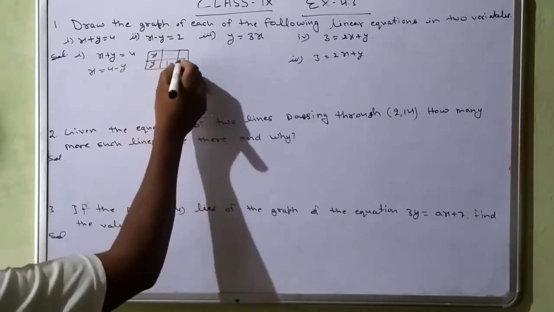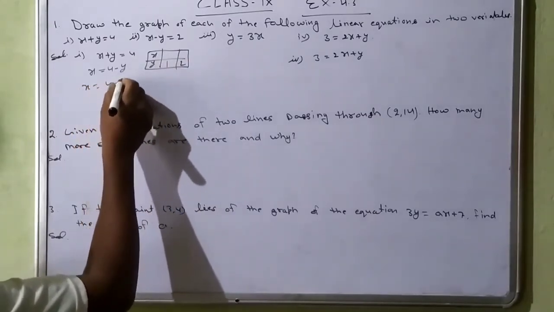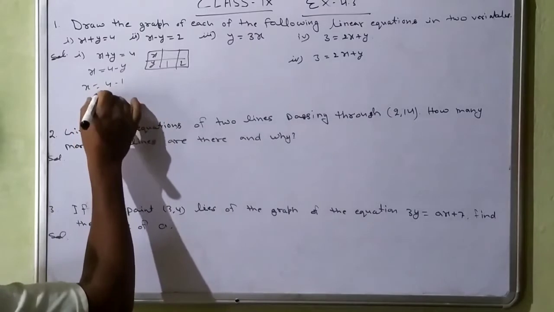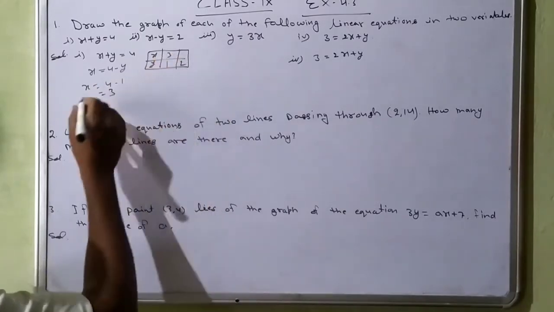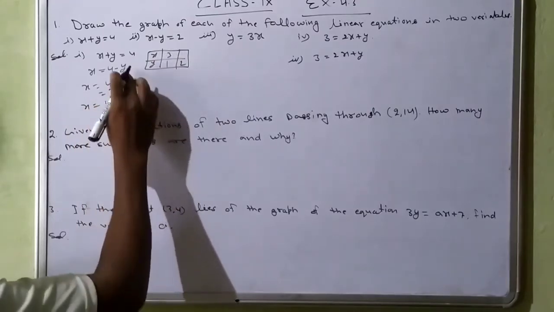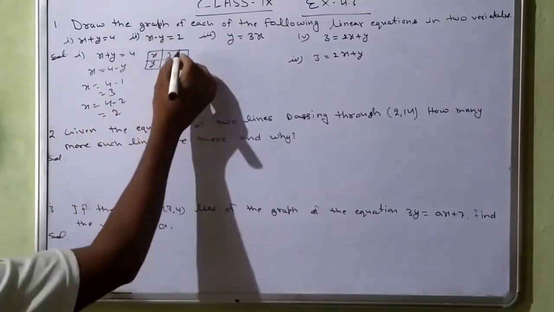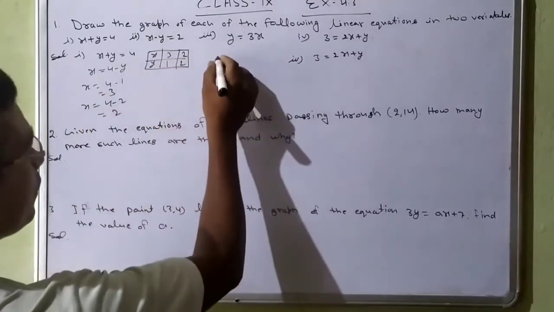So the y value we will place as 1, 2. So x is equal to 4 minus 1, that is equal to 3, right? Now x is equal to 4 minus 2, that will be 2. Now the graph.